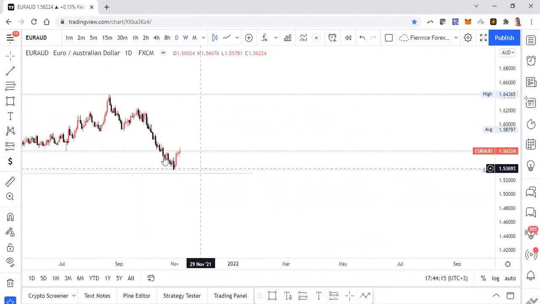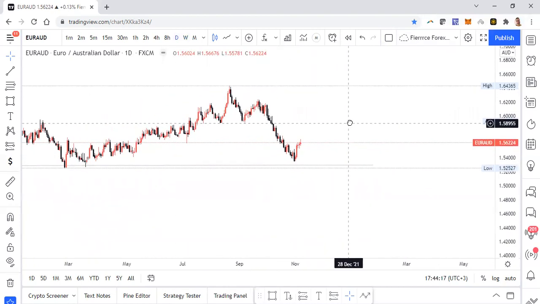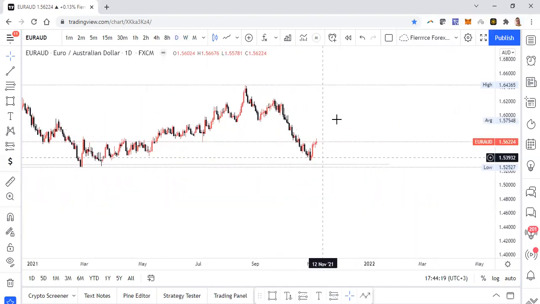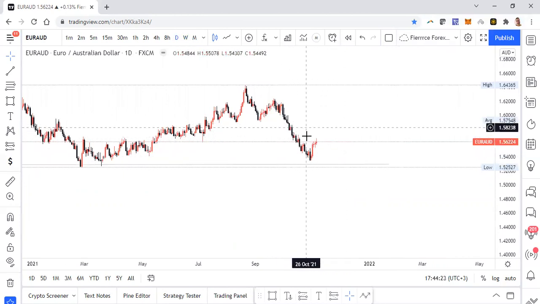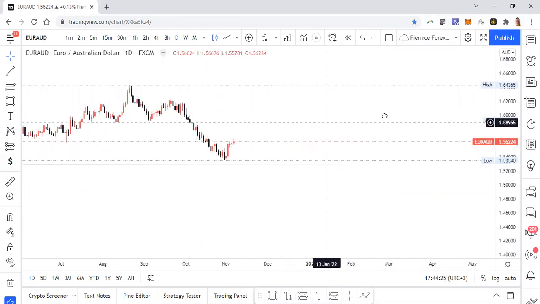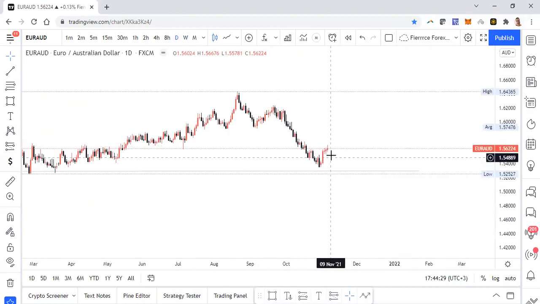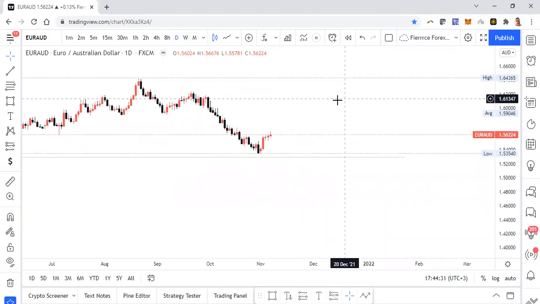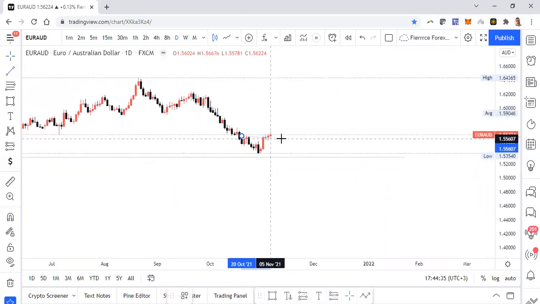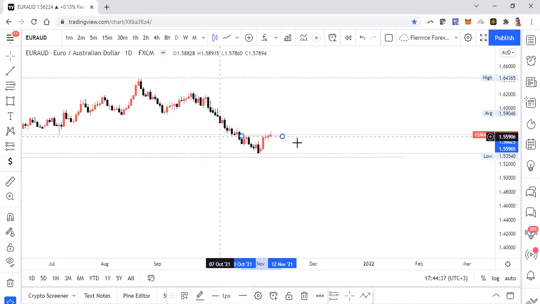NFP of course helped with that, but we are seeing some interesting price action here. The only time I'll really be confident about a proper break to the upside, we can see first of all, we have broken structure here. We've taken out a previous high here.